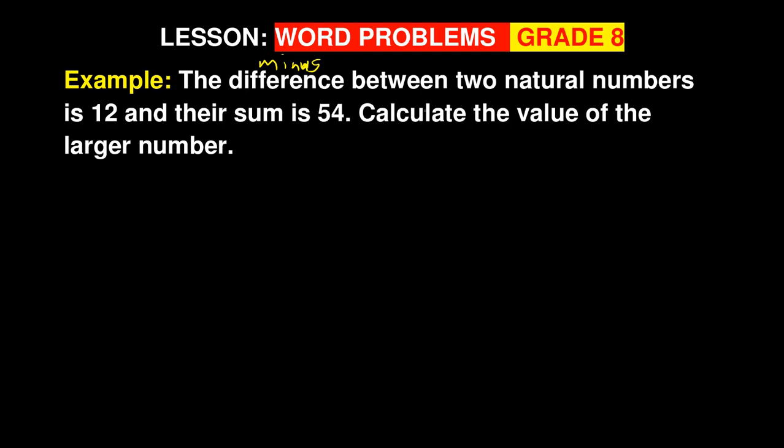So the difference between two natural numbers, you need to know the natural numbers. In this case, we're talking of numbers like 1, 2, 3, 4. The normal counting numbers, they call them the natural numbers, 1, 2, 3, 4, etc. So it says the difference between two natural numbers is 12, and their sum, remember sum means to add, their sum is 54.